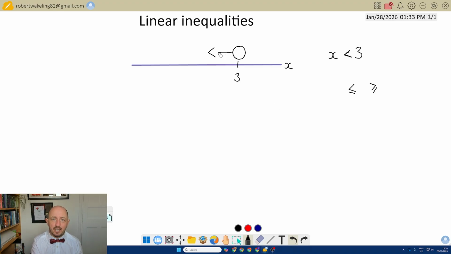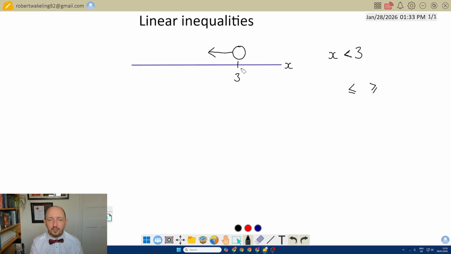If you imagine an arrow like this, that is how we do less than. And if it was greater than, imagine an arrow going in that direction. So we can use this sort of arrowhead idea to help us if we're not too sure.